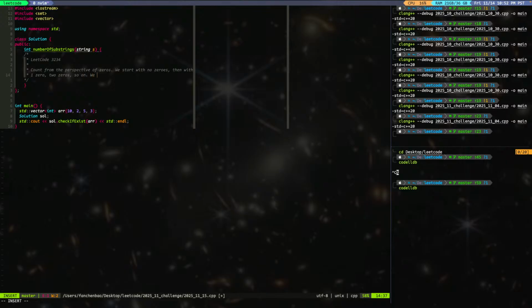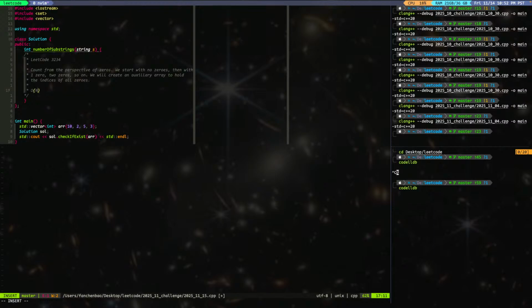And we will create an auxiliary array to hold the indices of all zeros. I'll say O(n) squared, but I hope it will not get to that.